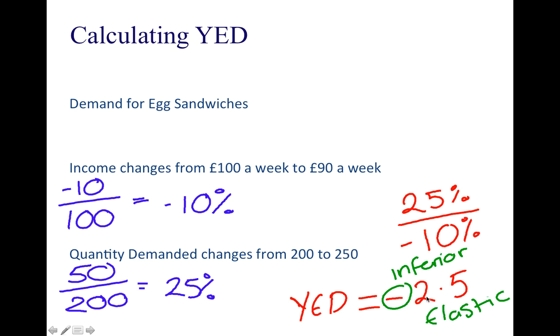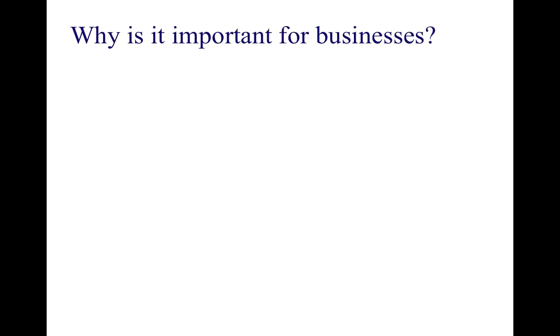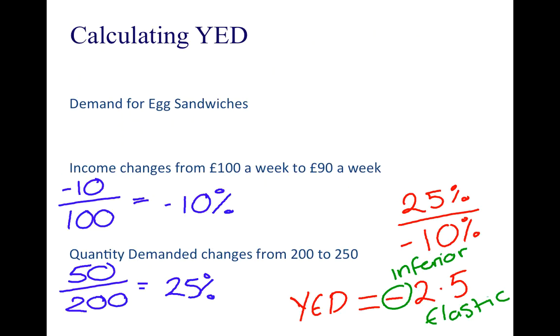So it starts with a number, so again, it's the same as PED, it's elastic, so the demand for egg sandwiches is quite sensitive to a change in income. But it's also negative, and that means that it's an inferior product. Now, this isn't a judgment on the type of product it is in people's perceptions, but I've not written this down, so you should make sure you know the definition of an inferior product.